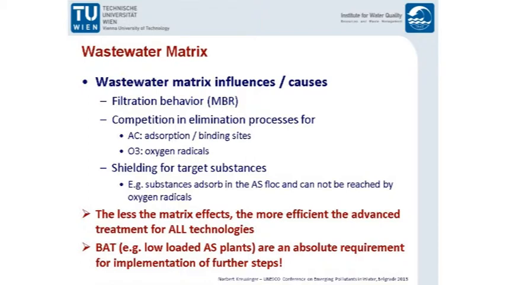So basically, we can say when we want to apply advanced technologies, we have to reduce those matrix effects in order to really have a reduction in the operational costs, in the overall costs, and that actually is something that is important for the acceptance of the technologies.